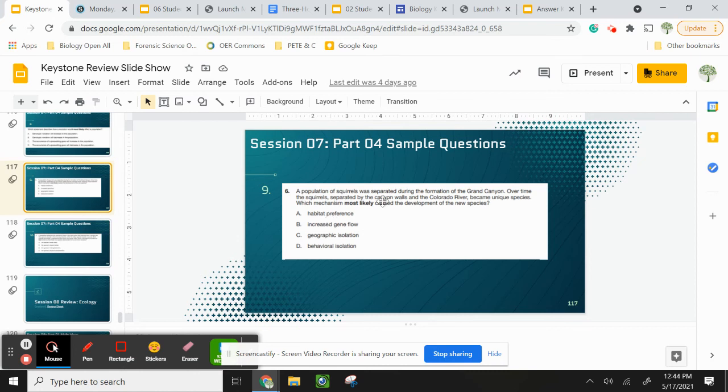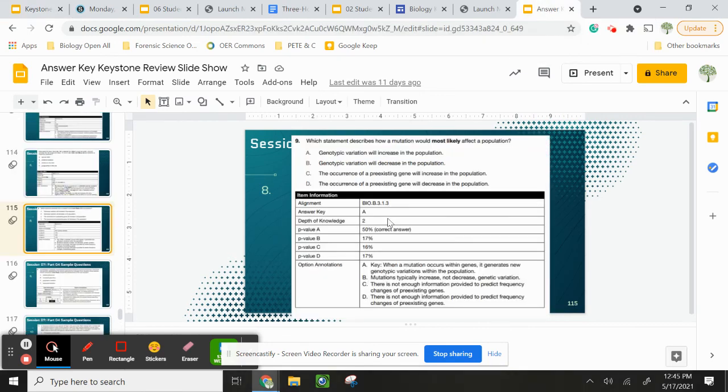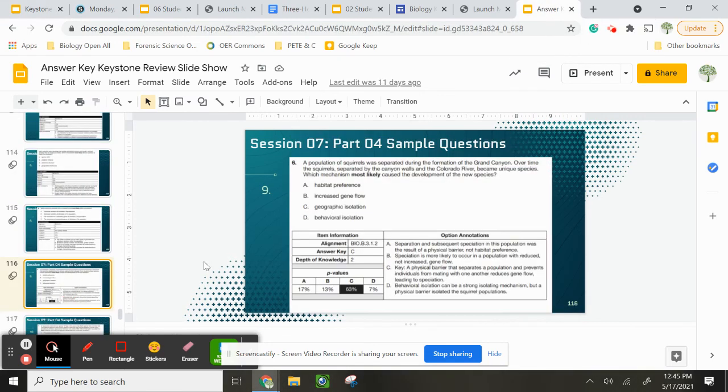We were. So hey, that's going to help us out with question number 9. Think about the answer for a second. In the Edpuzzle, if you selected C, geographic isolation, a physical barrier that separates a population and prevents individuals from mating with one another, reduces gene flow, leading to speciation. You are correct.